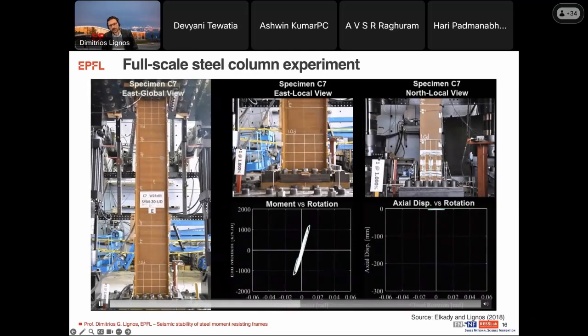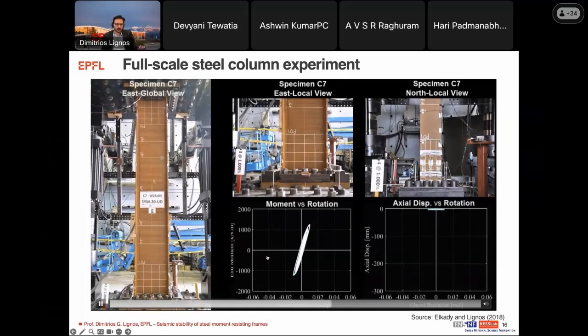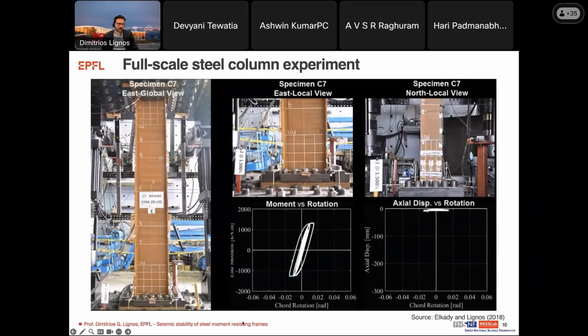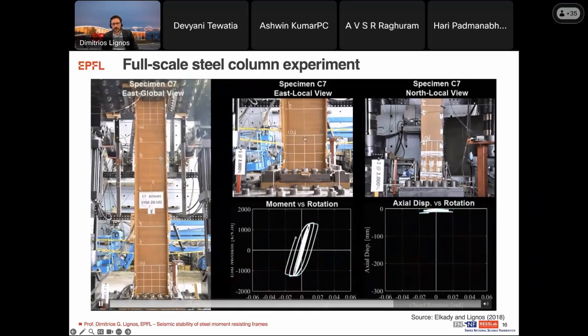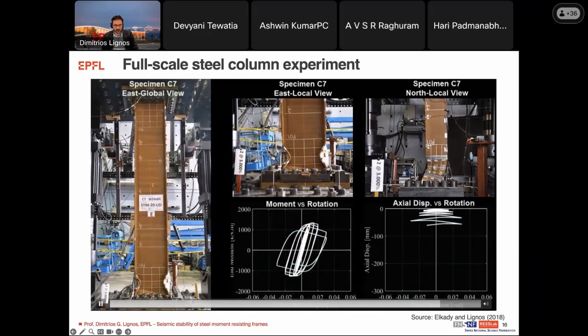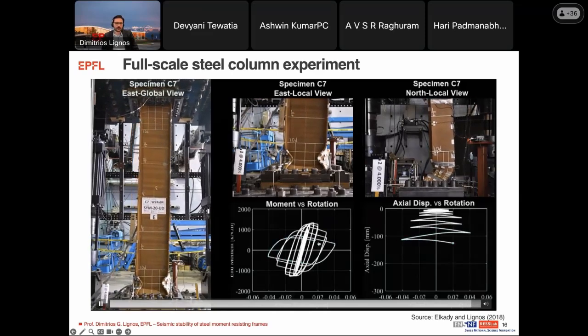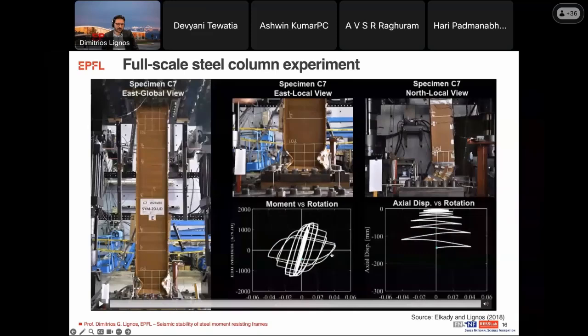So what happens here is that the column, while it goes into lateral deformations in the presence of axial load, you see that essentially it behaves quite well, up to about 1.5 to 2% drift, where you see that from pretty much here, the east local view, that once you have instabilities due to flange local buckling, then we have significant strength degradation that could ultimately lead to almost complete loss of the lateral load capacity at about 4% drift.